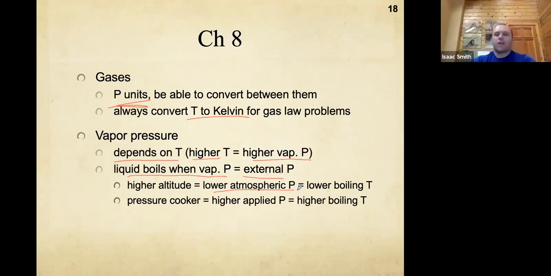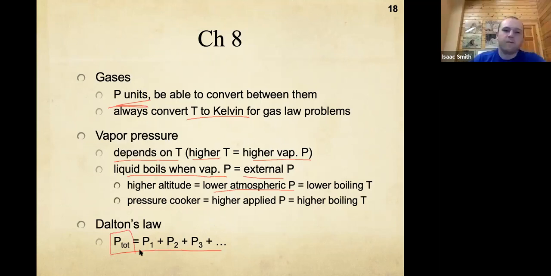You don't need to heat it up as much because the vapor pressure doesn't have to get as high in order to boil. Okay, and that's the idea that we talked about in that lecture. We also talked about partial pressures at the end there. The sum of the partial pressure of each gas individually is going to be equal to the total pressure of gases in a container or a certain area.